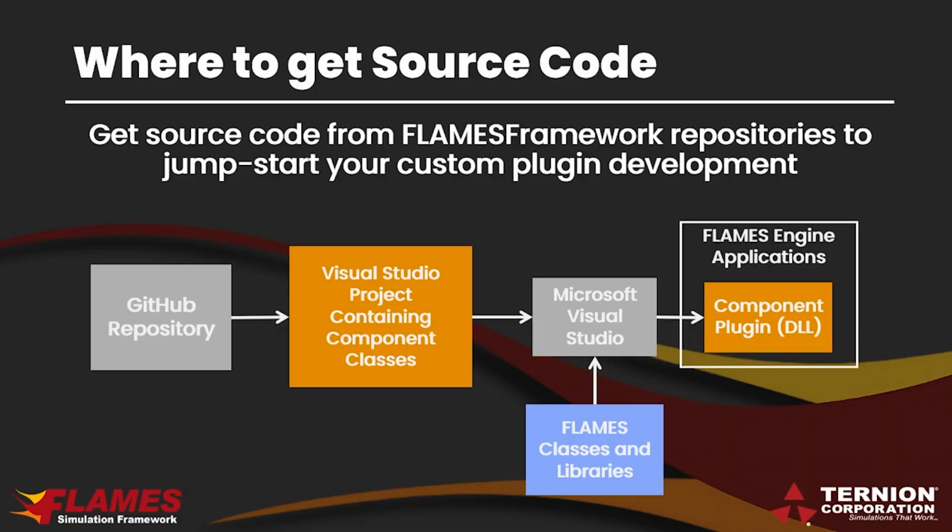When you get to the point where you want to create your own class, say you want to model a fixed-wing aircraft. So you look at the Flames fixed-wing aircraft and you decide, yeah, I want to enhance that a little bit, or I want to change something about it. You have the source code and you can go change it.